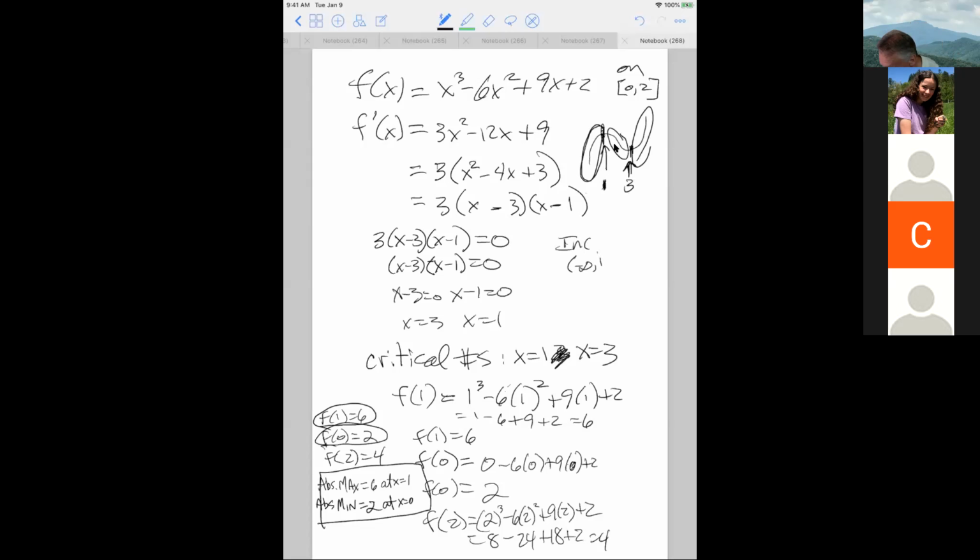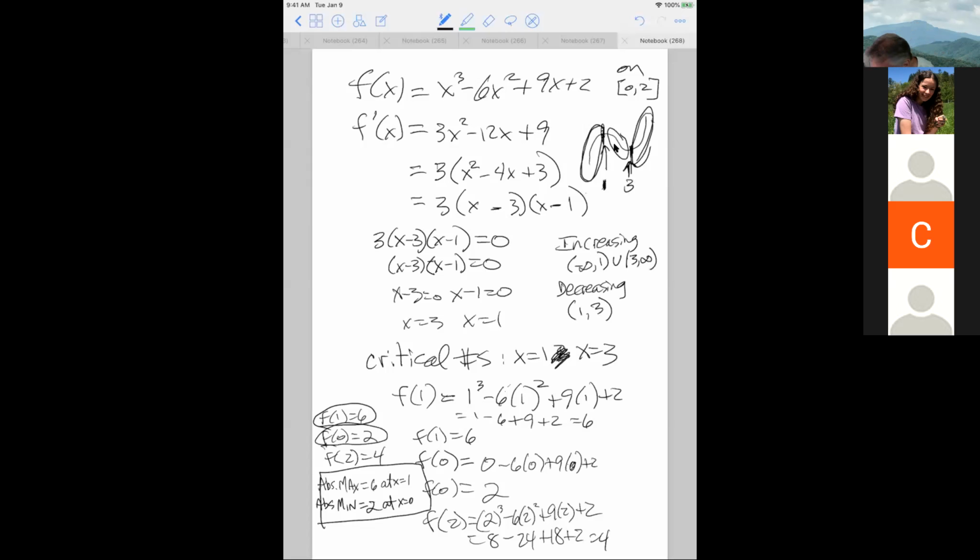It doesn't include 1, because at 1 it's not increasing or decreasing. It's also increasing over here on the far side, from 3 to infinity. So those are the increasing intervals, and decreasing is going to be in between. The decreasing interval is from 1 to 3, and it doesn't include the endpoints.